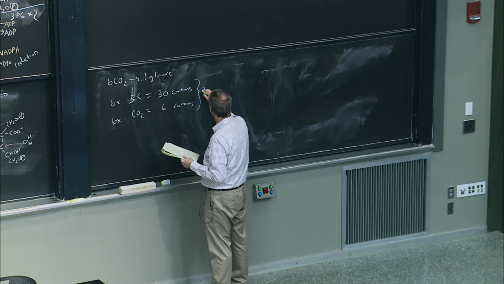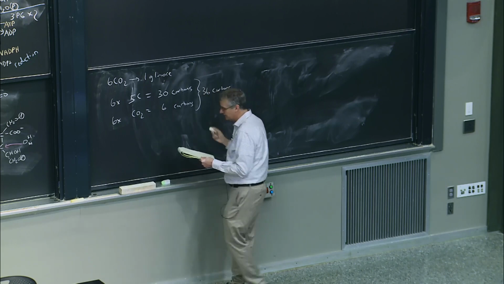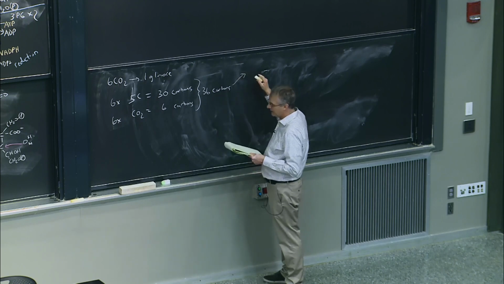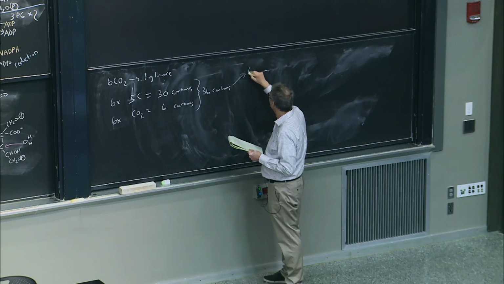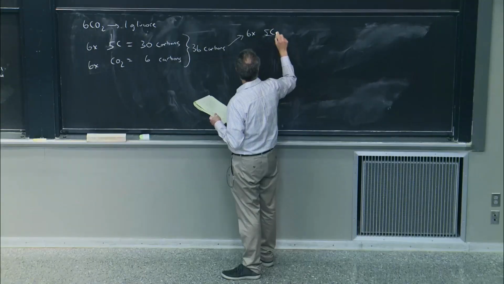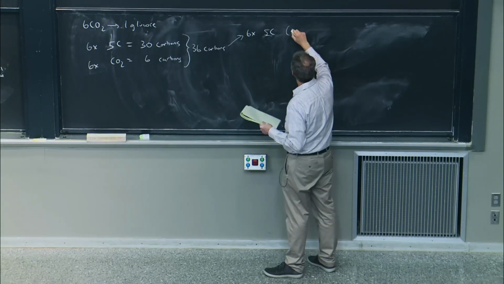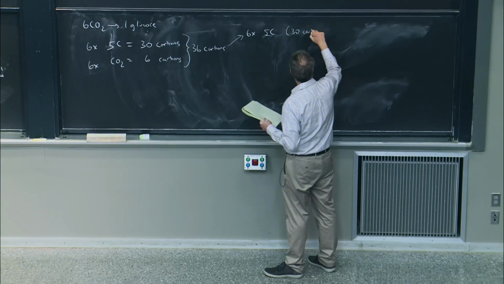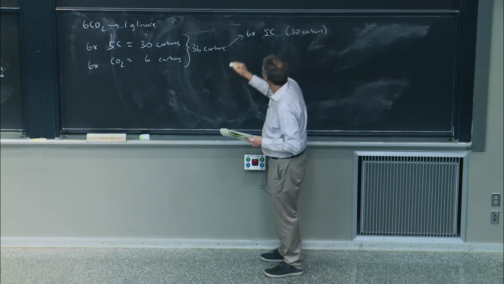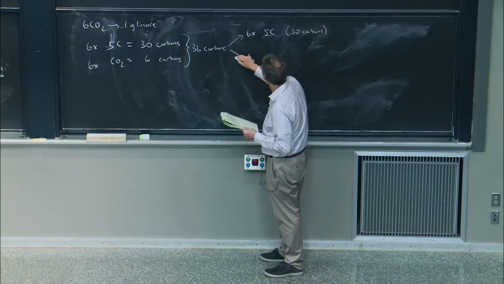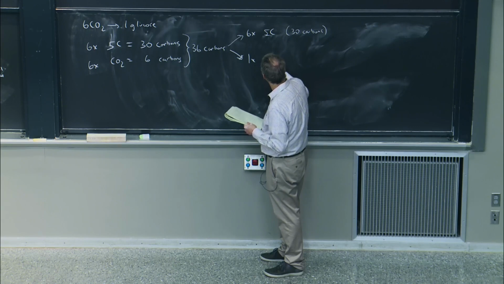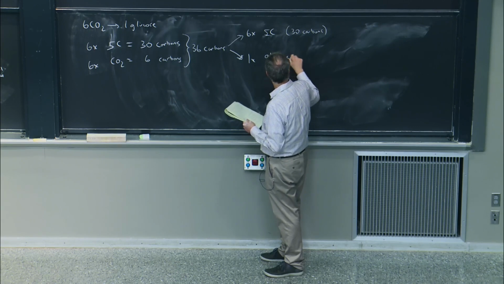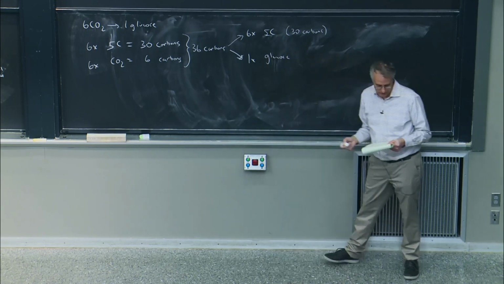So that's a total of 36 carbons in. And then we're going to have to allocate those carbons to regenerate 6 5-carbon units, so the 30 carbons we needed for the cycle, as well as 1 glucose. Okay, the remaining 6 carbons, that hexose.